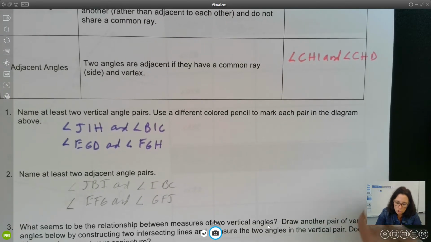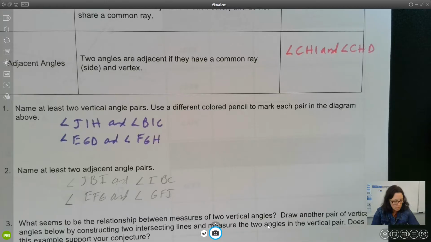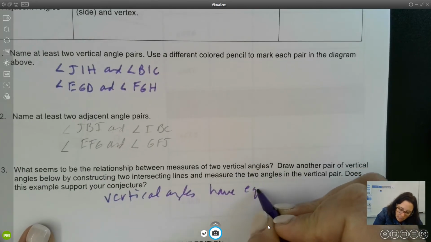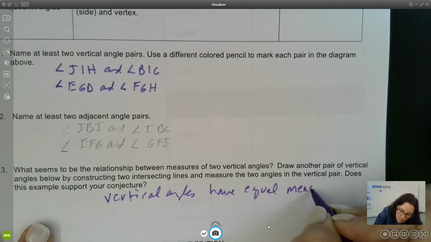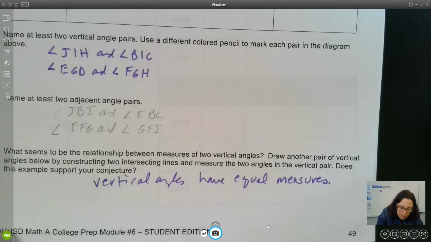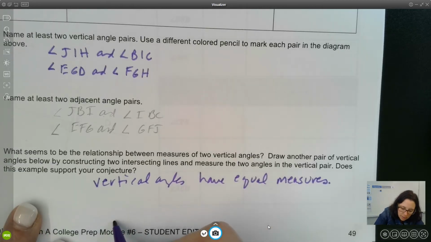What seems to be the relationship between the measures of two vertical angles? Draw another pair of vertical angles below by constructing two intersecting lines and measure the two angles in the vertical pair. Does the example support your conjecture? Okay, so vertical angles have equal measures.